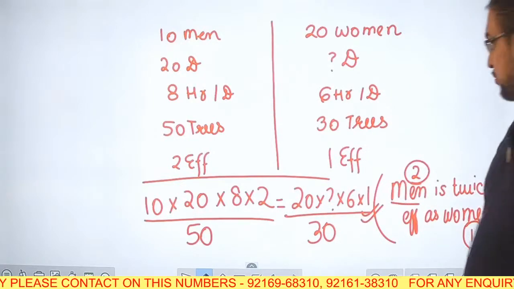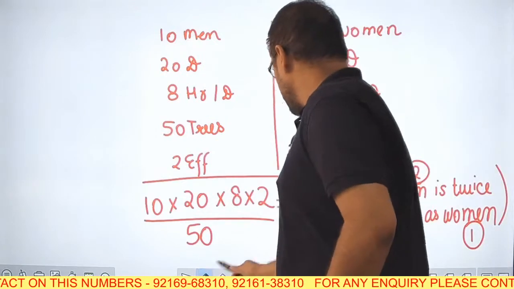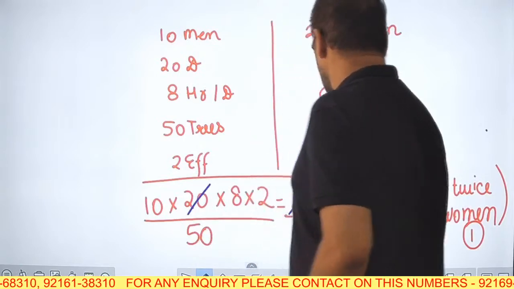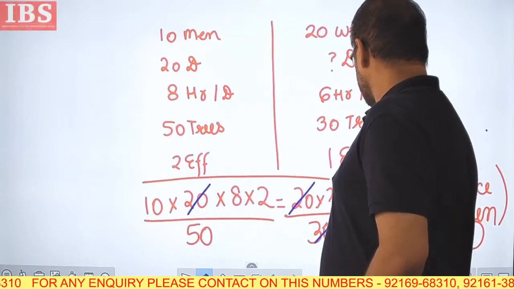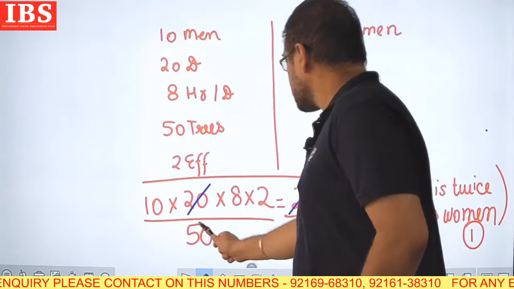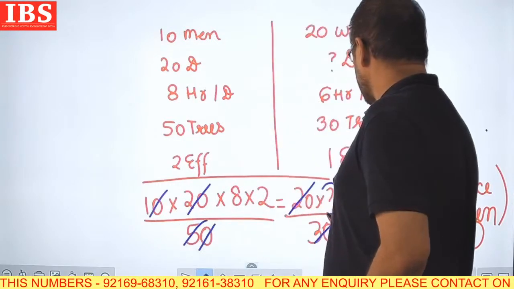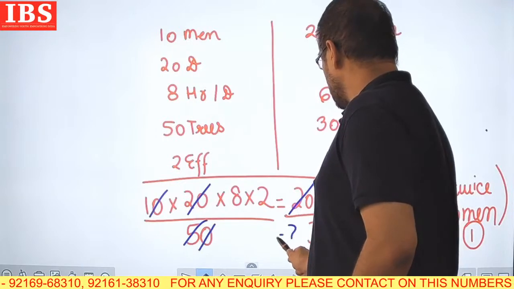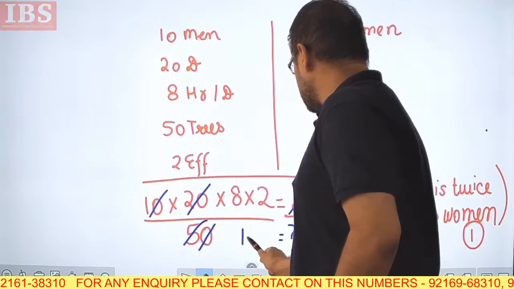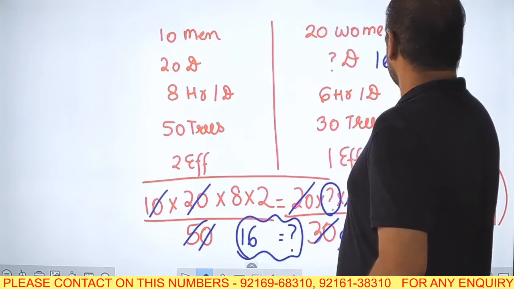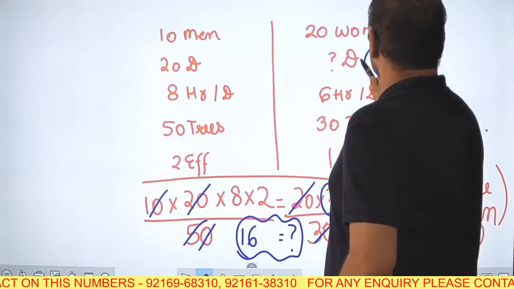We cancel 20 with 20, this 5 cancels with this 5, and this 0 with this 0. So the question mark is equal to 8 into 2, that is 16. So 16 days is the right answer.